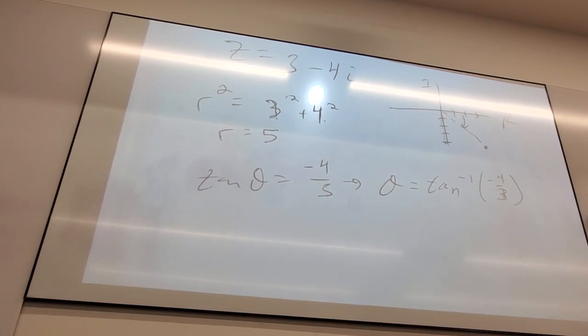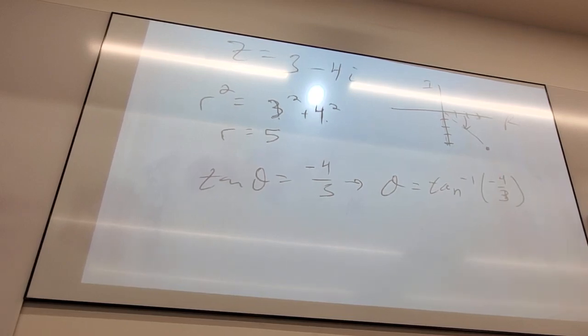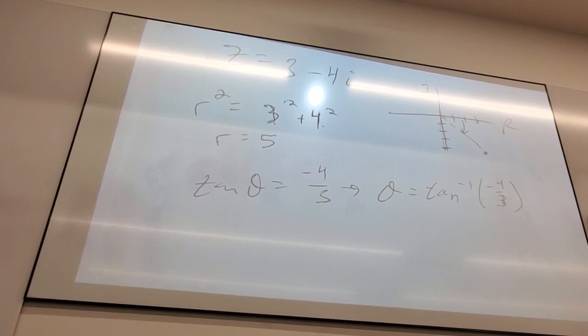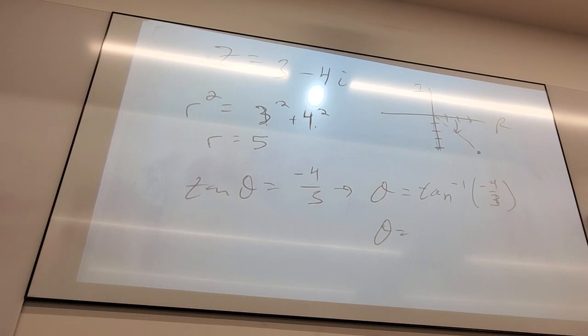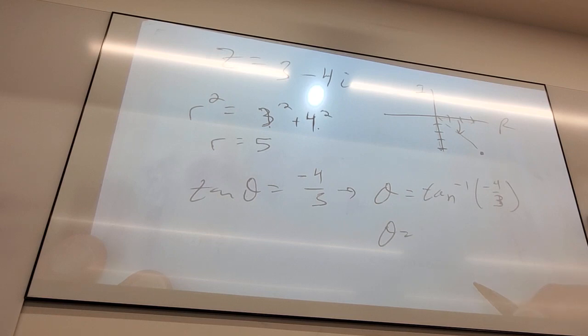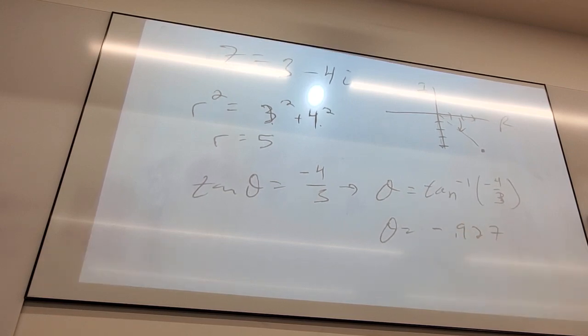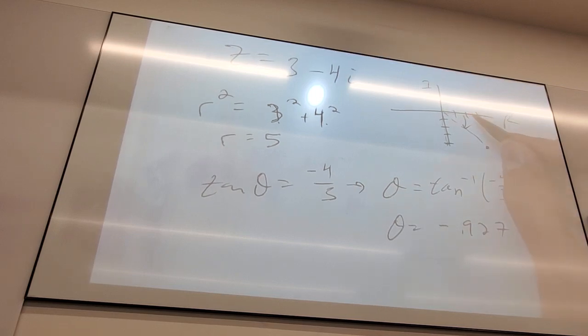Let's use radians, so make sure you're in radians. You're probably still in degrees from the quiz. Negative 0.927. I like it. Is that the right quadrant?